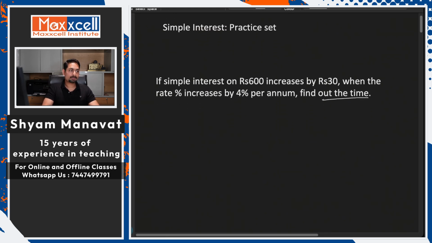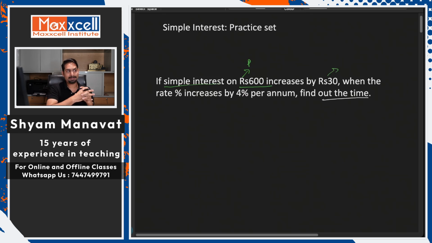A simple interest on rupees 600, that means this 600 is nothing but the principal, right? And it increases by 30. So what increases by 30? Simple interest increases by 30. So this is additional.